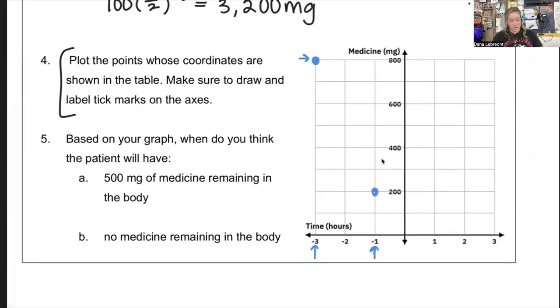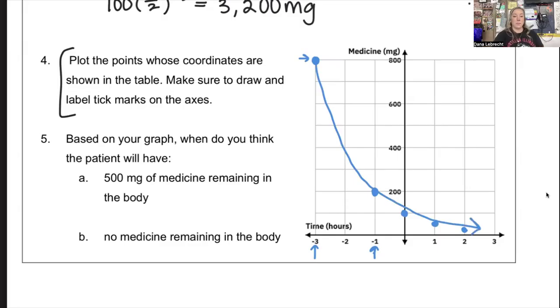So that's going to be right here. 0, we're at 100. Then we have 1 hour, we're at 50. And then 2 hours, we're at 25. So we can see our points are decreasing across that graph. We can connect those like that.